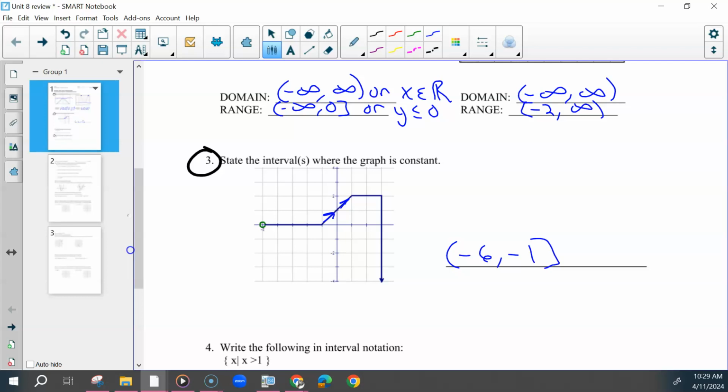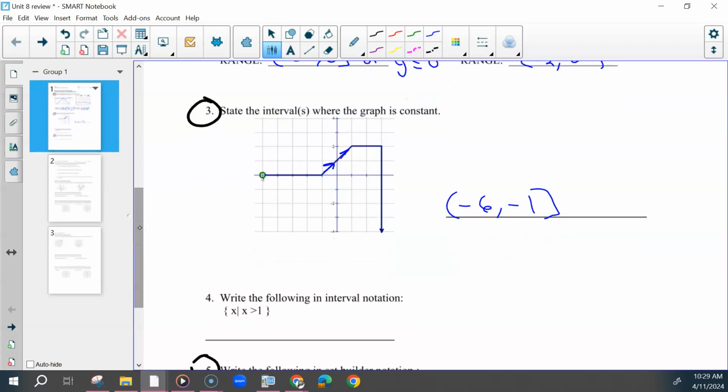Your x values have to change and your y values have to change in order for it to decrease. This would just be undefined. So you would not put that. But if you saw something like this, it was going down at an angle, then you could put that part. But it's not decreasing anywhere, so you would just put DNE, doesn't exist, none.